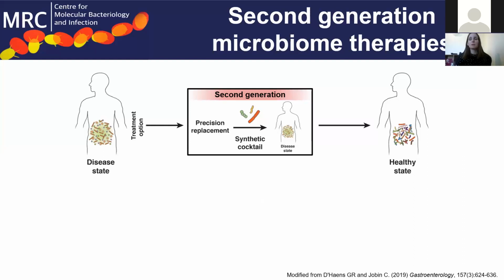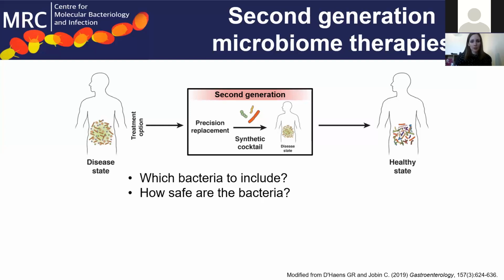And while because it's defined, it can be safer than an FMT treatment, it's still not exactly perfect, because there's still a lot of questions we need to ask, such as what bacteria we want to include. So we need to have an idea of what these bacteria are doing in the gut and what their mechanism is before we can start to decide which bacteria are going to be in the synthetic cocktail. How safe are the bacteria?